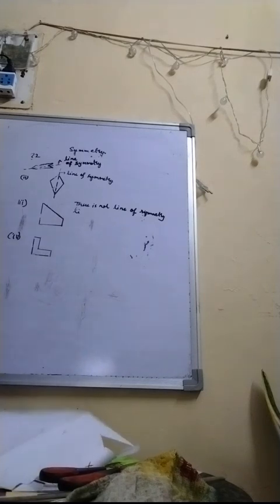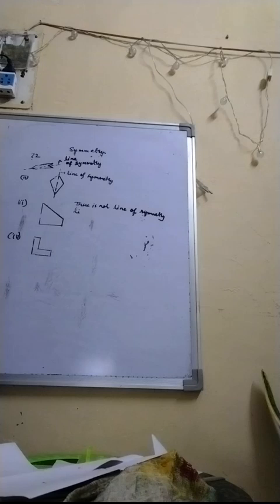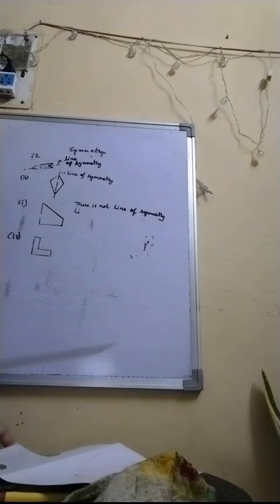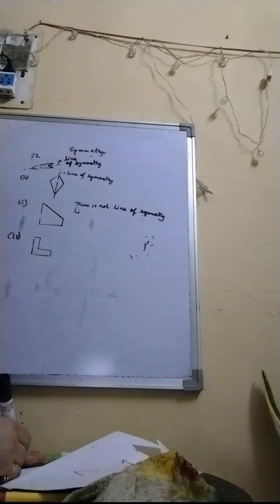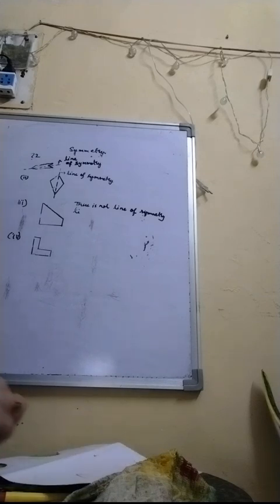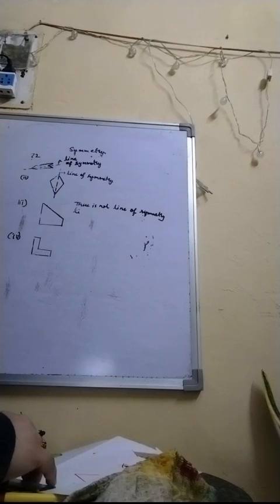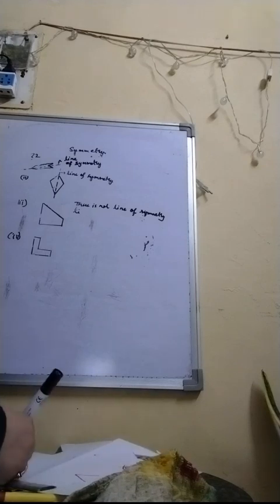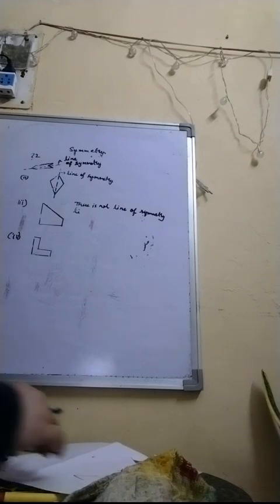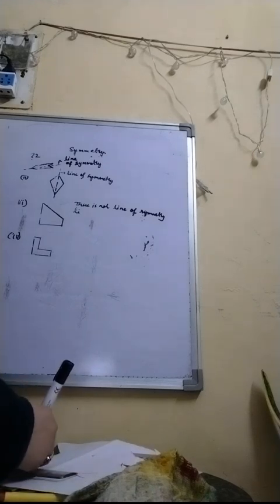Now we draw this L-shaped figure over the piece of paper. You also draw on a piece of paper. Then you would understand better.